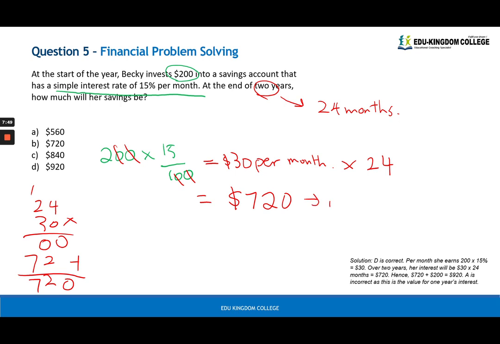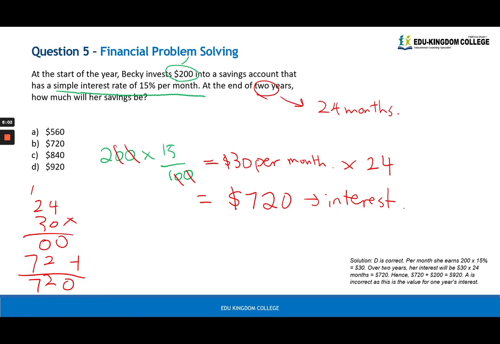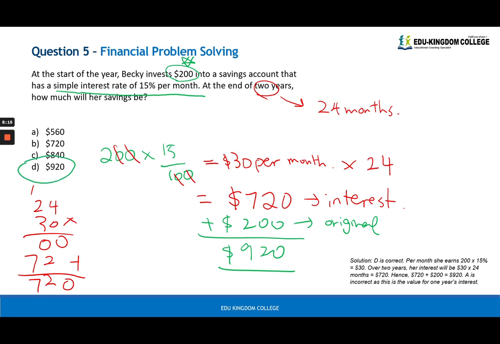That is her interest. Okay, so interest is 720. So that's how much she makes. Don't forget to add the original 200, the original amount, plus that one, and you get 920, which is D.